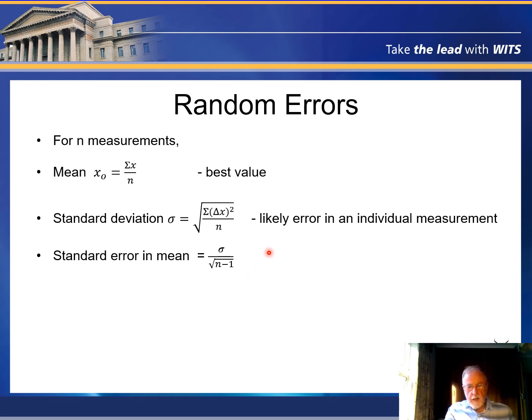And so the standard error in our mean has gone down by a factor of 3, not 10. If we want to get the error down by a factor of 10, then we have to do 100 measurements. And so in order to get an accurate value by taking lots of measurements, we have to take a very large number. It'll be a better tactic to try and do better measurements.